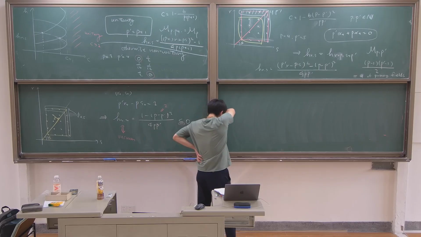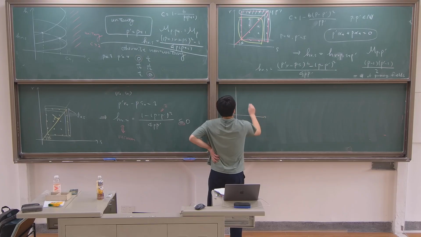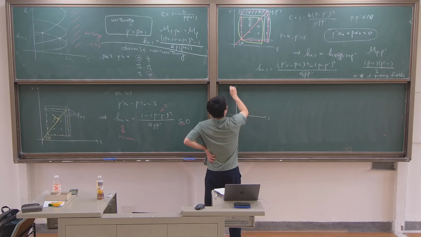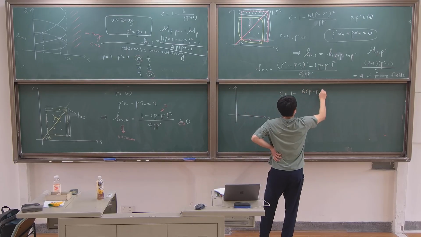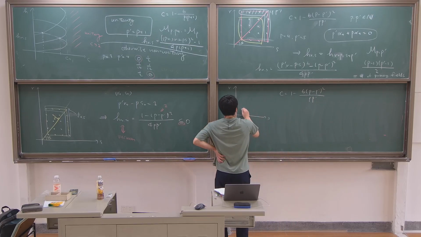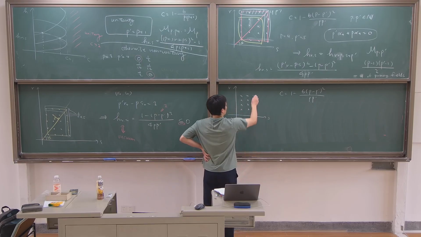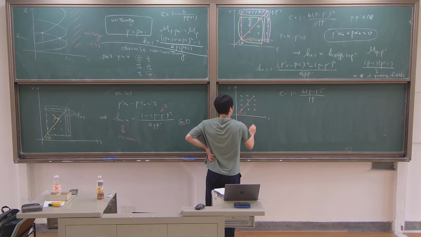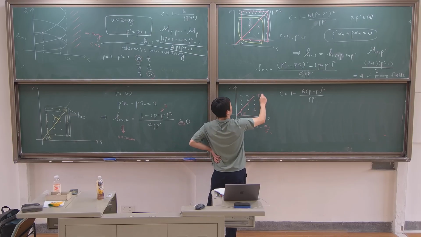The summary is that when C is equal to 1 minus 6 times (P minus P prime) squared over P P prime, in this case, this line, the tangent there, alpha plus, alpha minus, fits the P and P prime point.